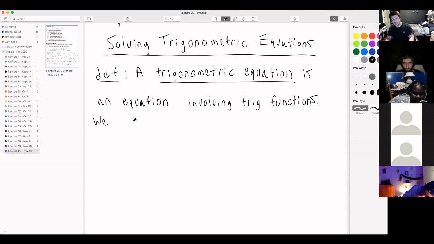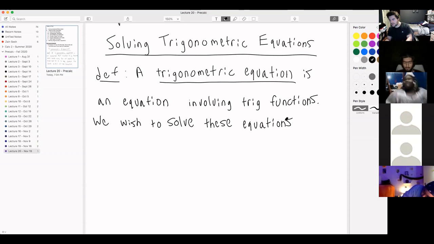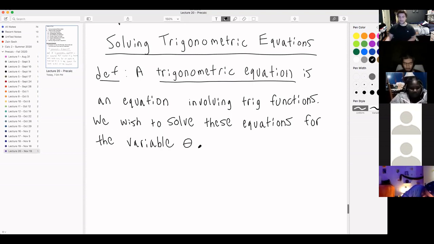We wish to solve these equations for the variable theta.